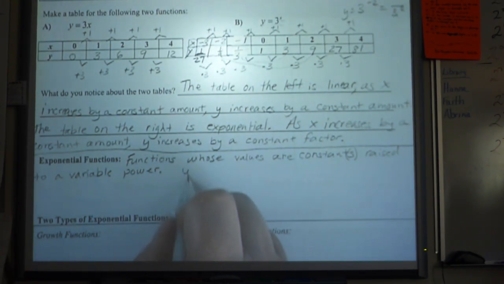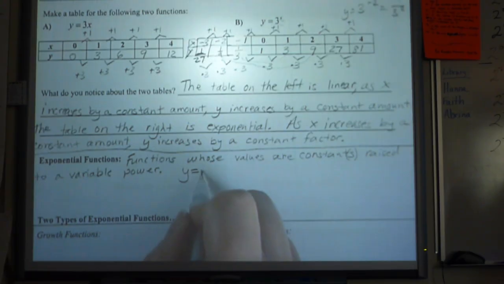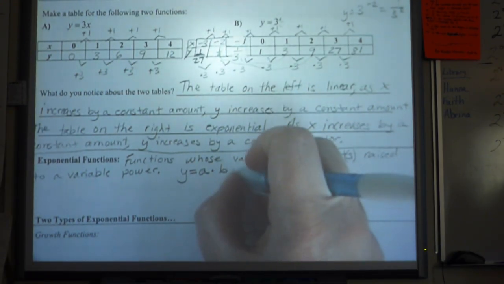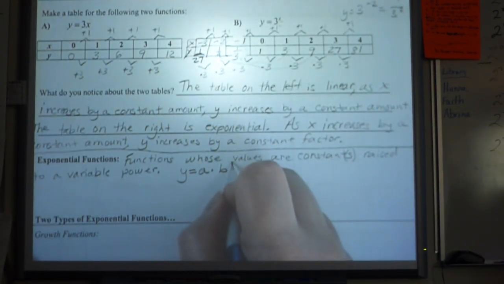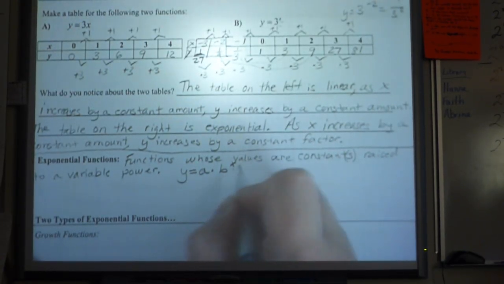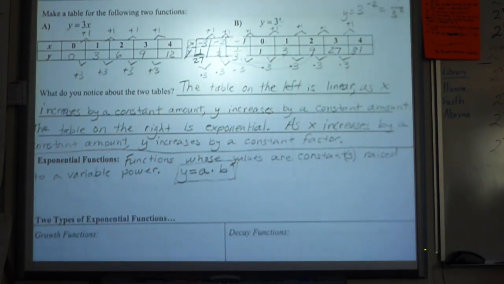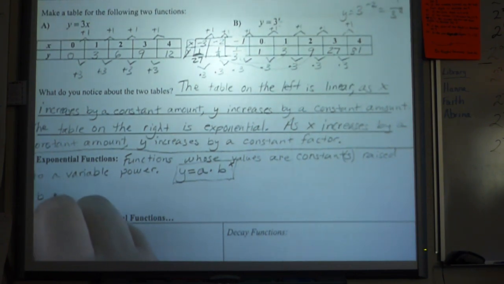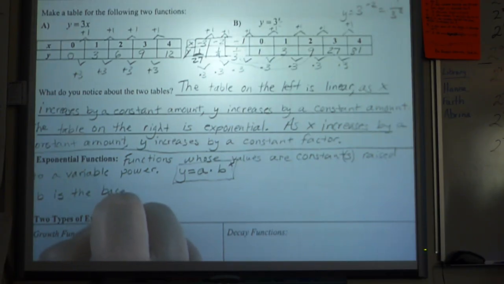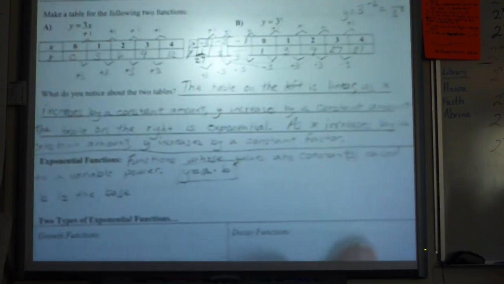Okay, and then that base parent function is y equals a times b to the x power. B is the base. Okay, A is the initial or starting amount.